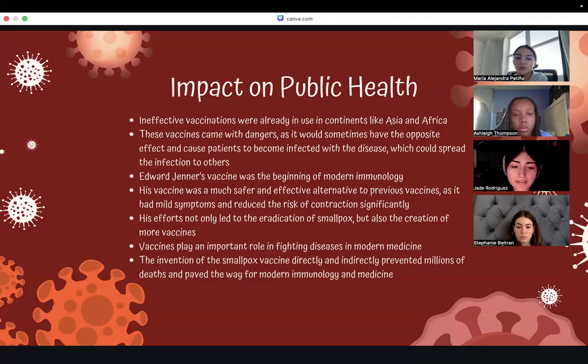Edward Jenner's vaccine, in which he used cowpox material to fight against smallpox, was the beginning of modern immunology. His vaccine was a much safer and more effective alternative to vaccines previously used in Asia and Africa, as it had mild symptoms and significantly reduced the risk of contraction.